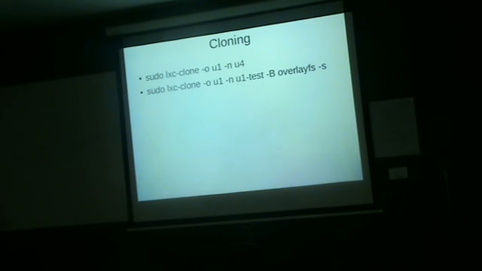What overlay-fs does is, whatever is there at the time of the cloning, root.fs will remain as it is, and all the changes after that will be stored in a separate delta folder, so it won't affect your main root.fs. So it's just creating a new container in U1 test.